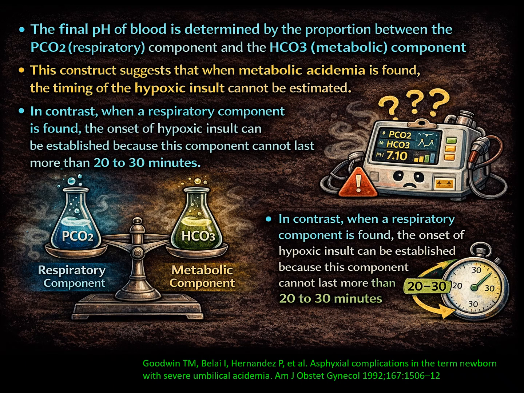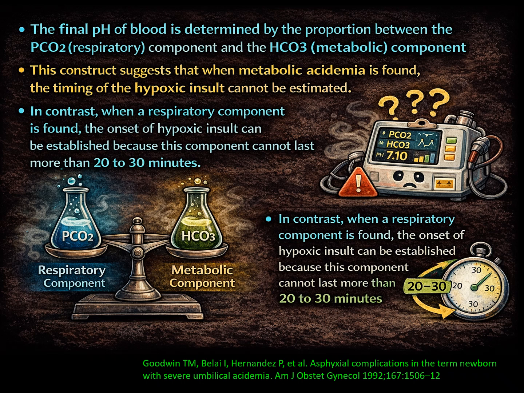The final pH of the blood is determined by the proportions between the oxygen and carbon dioxide respiratory component and the bicarbonate metabolic component. These constructs suggest that when metabolic acidosis is found, the time of the hypoxic insult cannot be estimated.